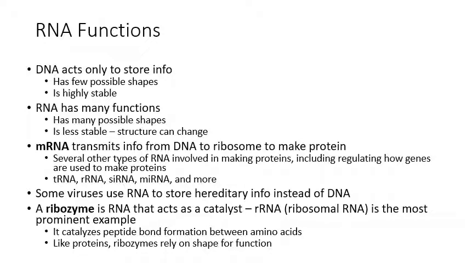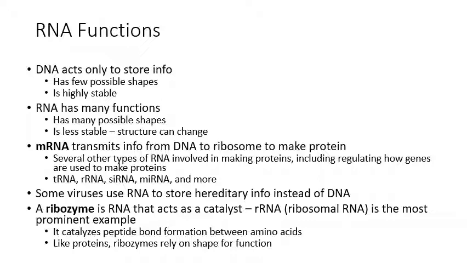Again, we're going to go over RNA functions in more detail later in the semester when we come back to the process of gene expression, but RNA has a number of functions that are all involved with that process, or most of its functions are. So you have mRNA, of course, that copies information in a gene from DNA and takes it to the ribosome, and the ribosome will read that information in the mRNA and use it to make a protein.